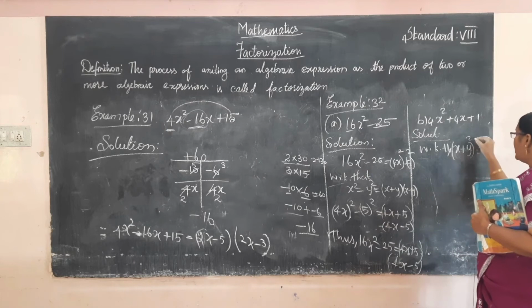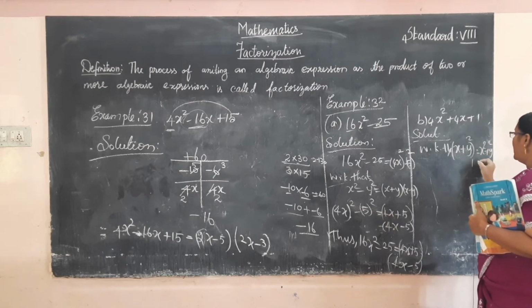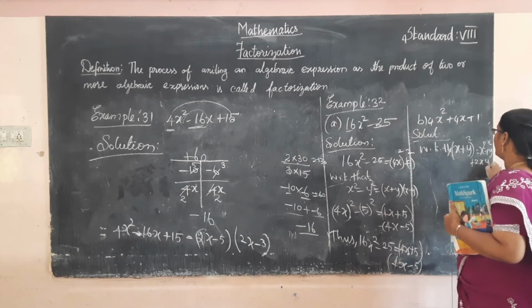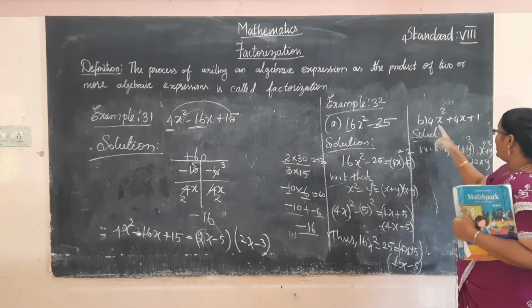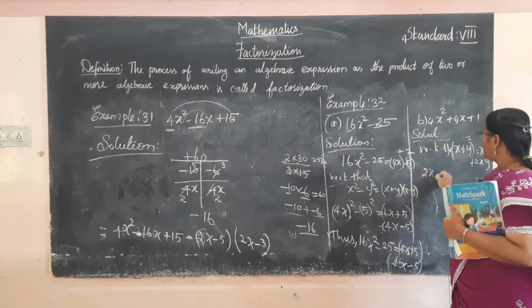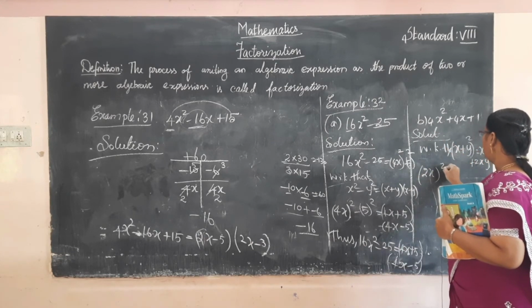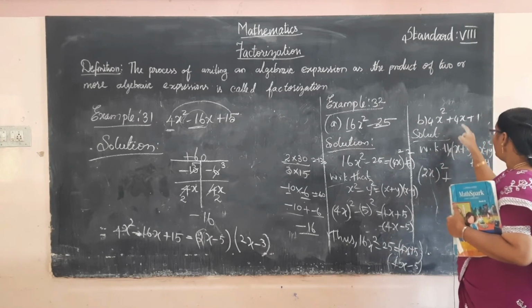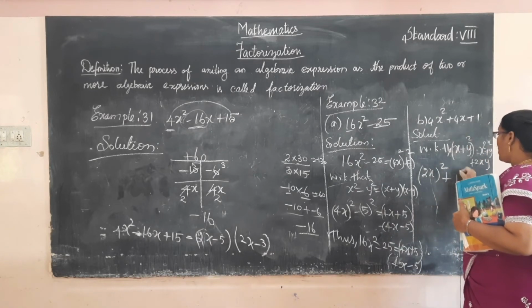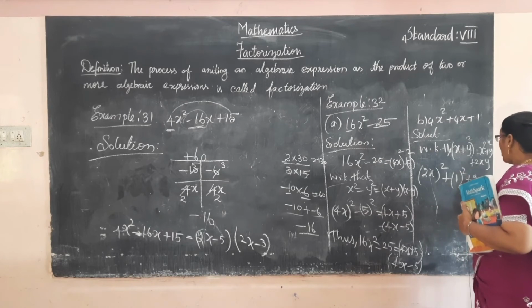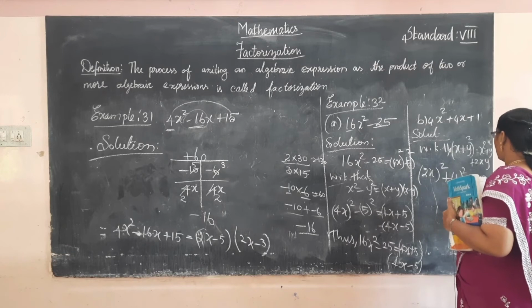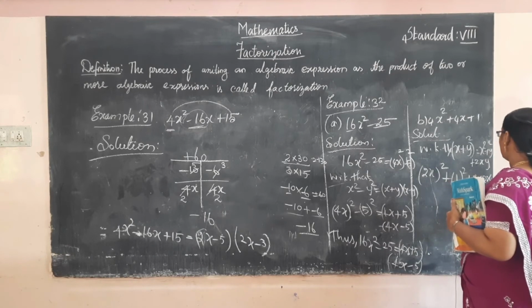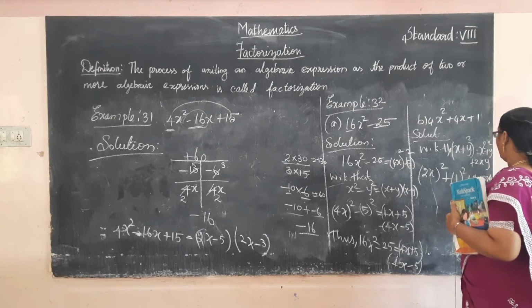So x plus y the whole square is x squared plus y squared plus 2xy. Check in this form: what is the x squared value here? 2x the whole squared, plus y squared, which is 1 squared, plus 2 into the x value 2x, the y value 1.